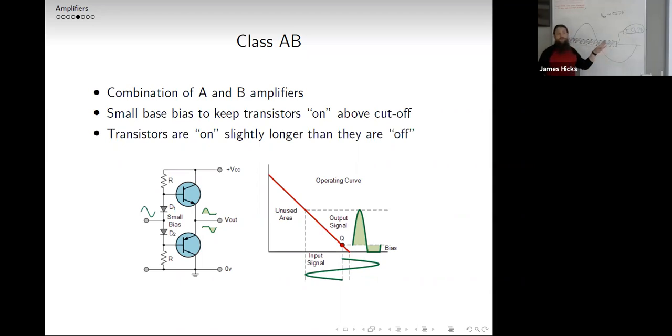They're more efficient than a Class A amplifier, a little bit less than a Class B. So A, B, and AB are the most common types of conduction angle amplifiers that you're going to run into.